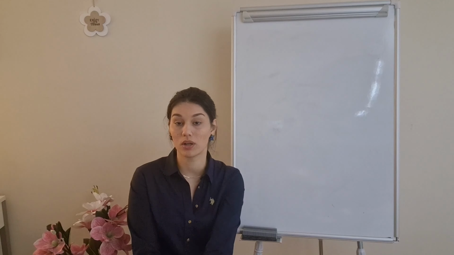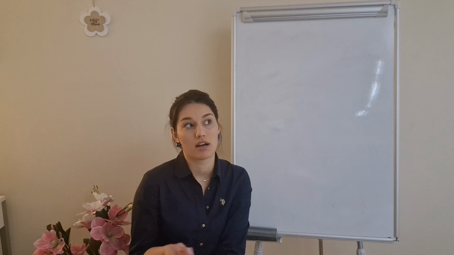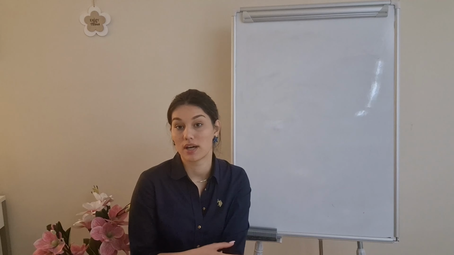The next question will be, wo lebst du? What does that mean? That means, where do you live? Now you can try to answer me. And you can answer something like, ich lebe in, for example, USA, America, Deutschland, Russland, Serbien, Italien, Frankreich, and other countries.